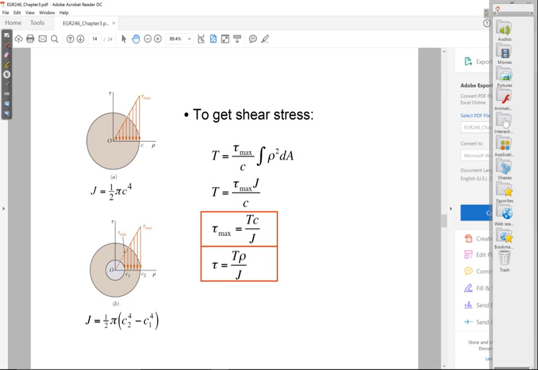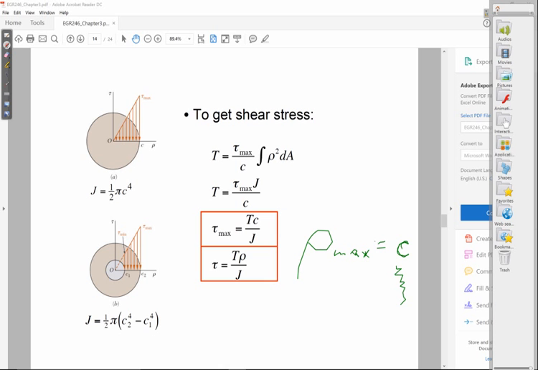And when rho is equal to its max radius, we just use letter C, lowercase c. You'll want to remember this: lowercase c is the maximum radius of your cross section, which means all the way to the outer surface.